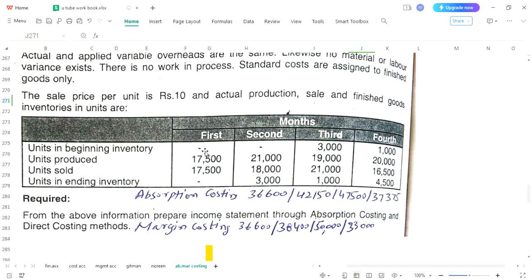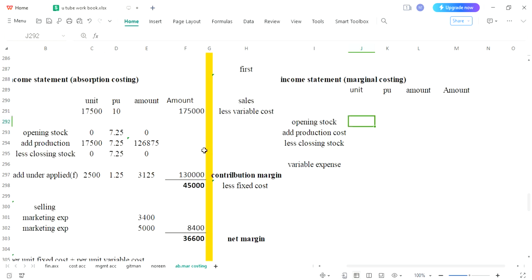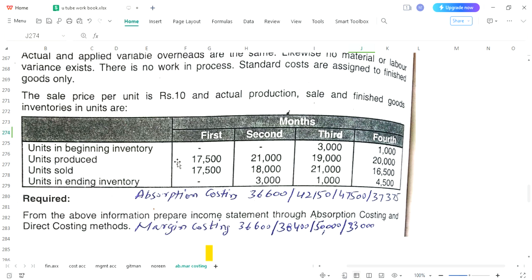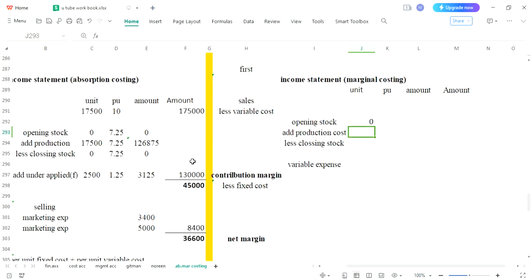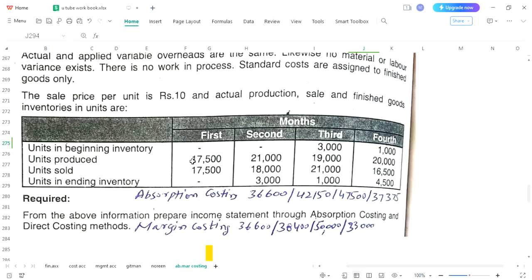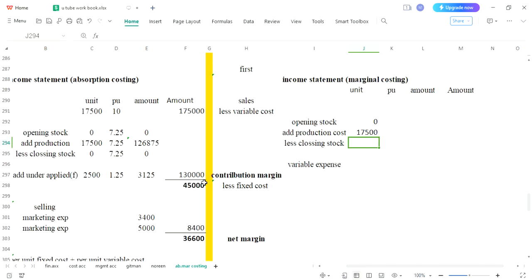There is no beginning inventory, so at opening you can put 0. Unit produced 17,500, you can put unit completed 17,500, and then you can see ending inventory is again nil, put 0 over here.